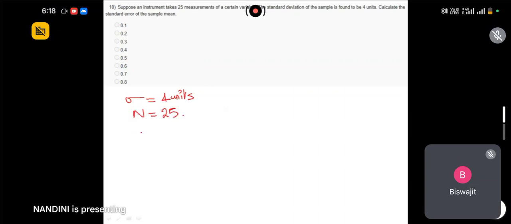Now we need to find the standard error, which is given by sigma by root n, which will be 4 by root of 25. What will be the standard error in this case? The final answer is 0.8, which is the standard error in this case.